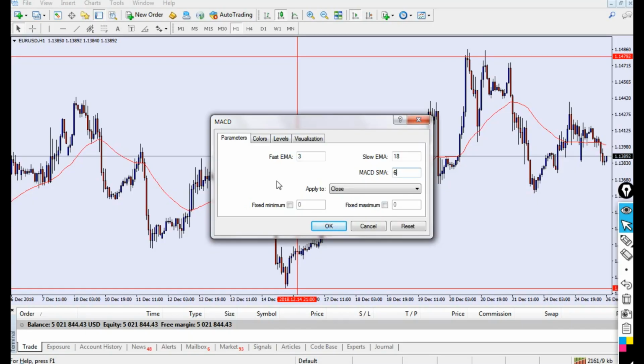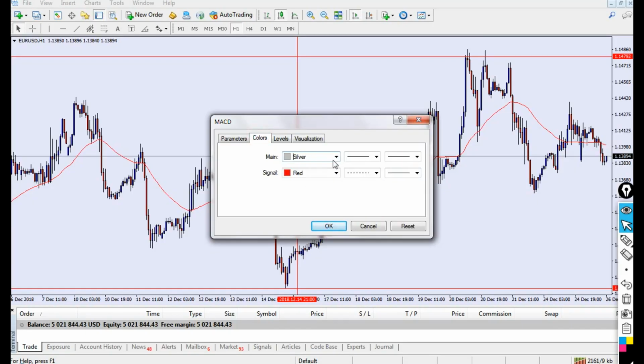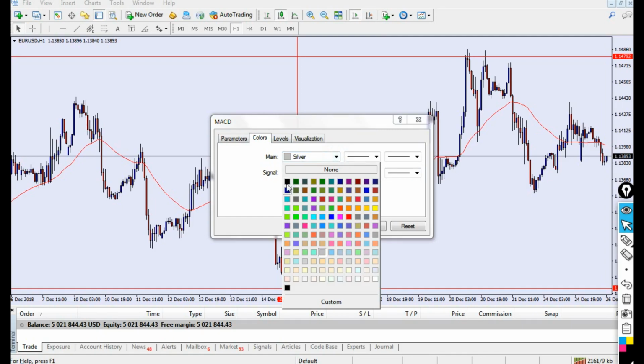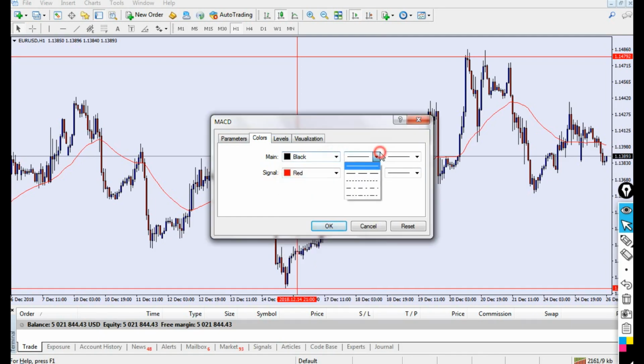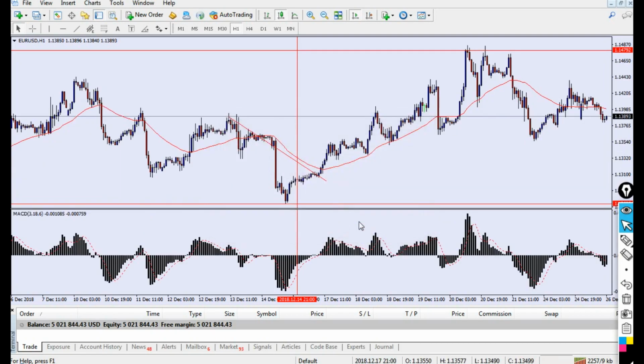Okay, now its colors, it's silver and the signal line is red. Just make this color dark and make it more visual, so you can better understand also the divergence and the convergence. Now this is your pure setup.